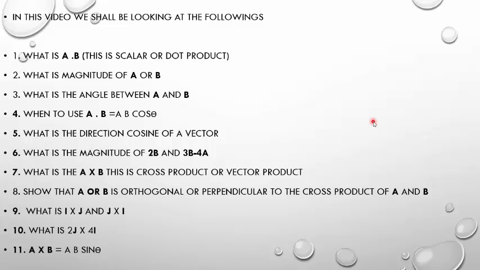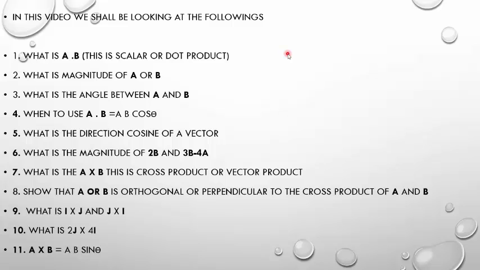These are questions that we can solve when we have two vectors and we want to find their dot product. The first question is to find the dot product, that is A dot B. And I want us to understand that when we have a letter written in bold, it shows that it is a vector.